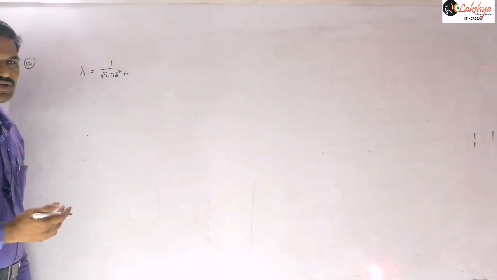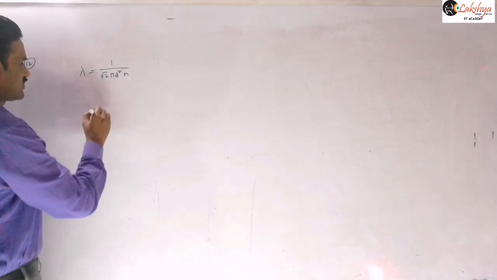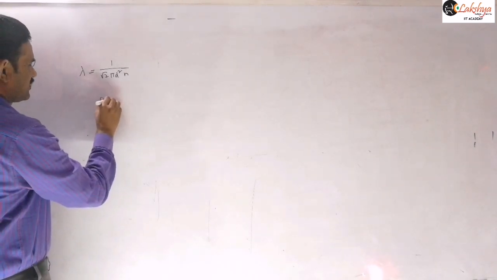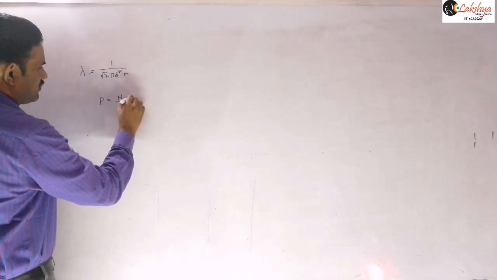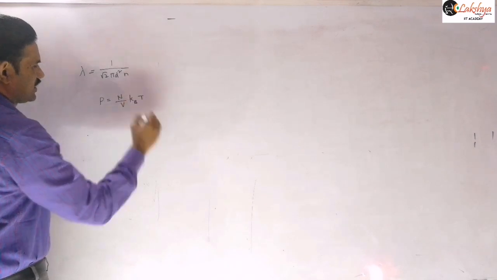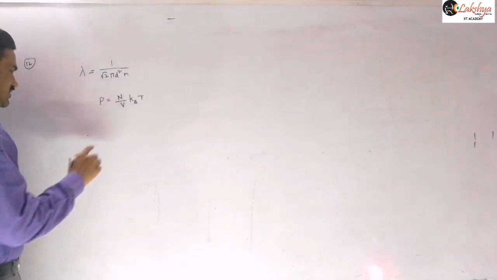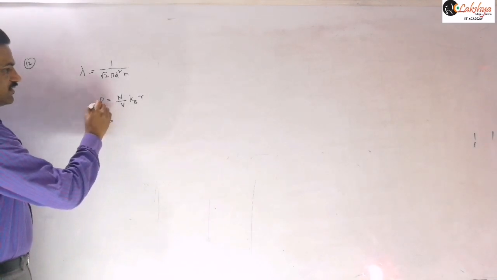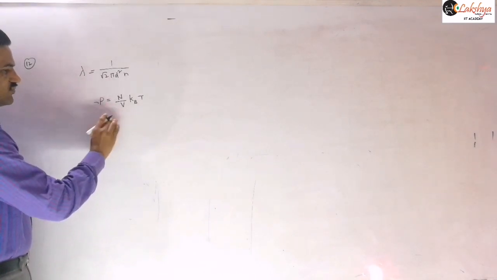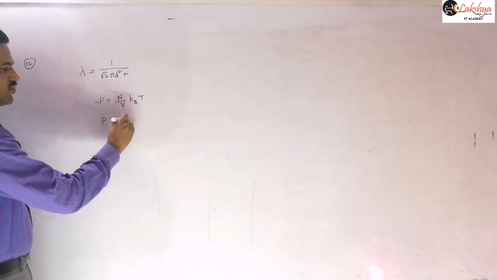By using the ideal gas equation, we can write n as the total number of molecules by volume, which is P by Kb into T. We know the ideal gas equation as PV is equal to nRT.